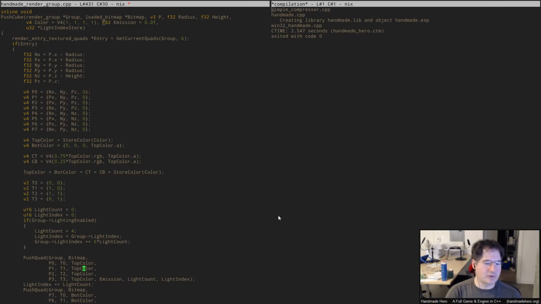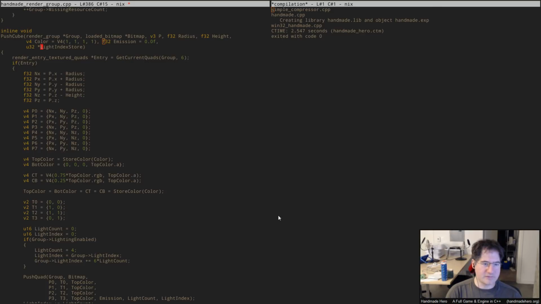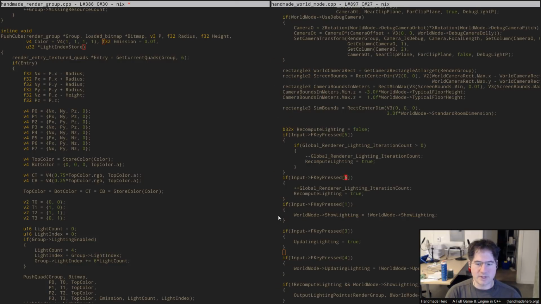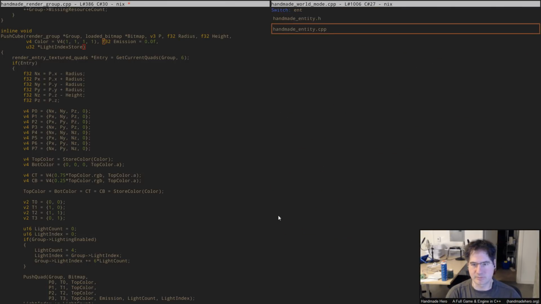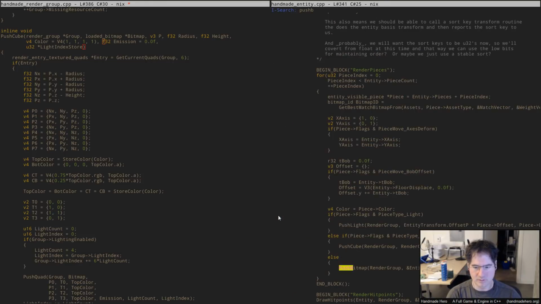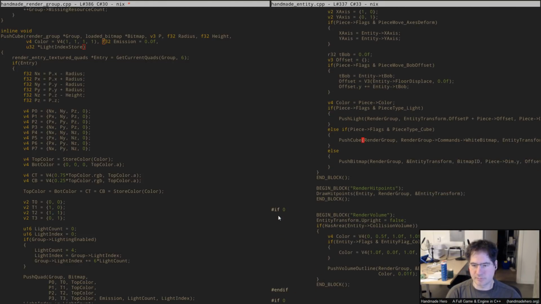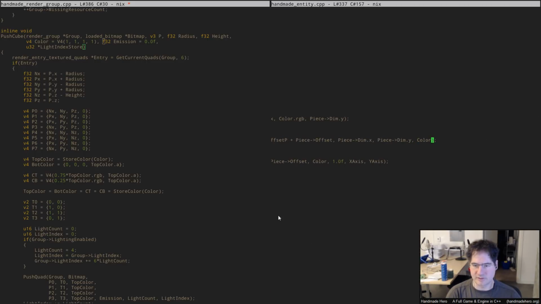Anyway, this value right here would be the thing that goes into the entity's permanent storage. So when we are operating on this stuff and we do a push cube to push down the cube pieces, and I believe that's down here, right? So here's where we're doing a push cube, with all of this piece stuff that gets sent down.